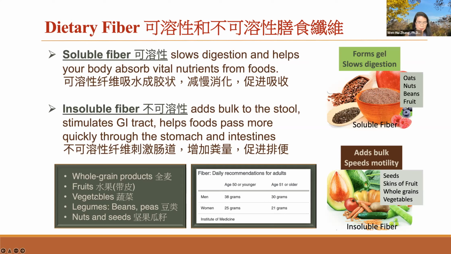In general, we want to eat a plant-based diet that's rich in whole grain products, and for those without gluten sensitivity issues, fruits with peels, vegetables of all varieties and all colors, legumes, beans and peas, nuts and seeds. Nuts and seeds are great snacks.